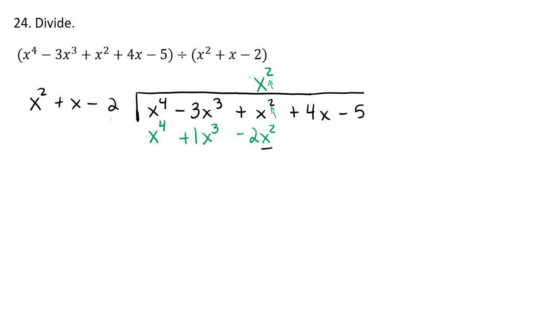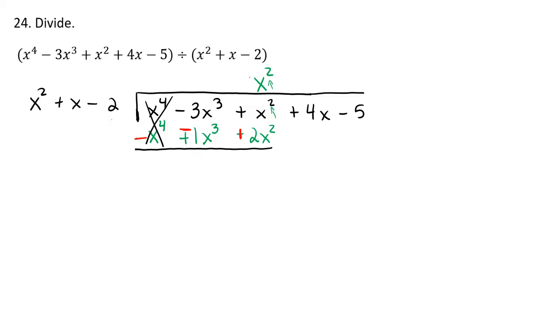We're going to draw a line underneath the terms we just wrote. Then we switch the signs for all the terms that we just wrote. And now we start combining. x to the fourth minus x to the fourth is 0, so we cross it out.